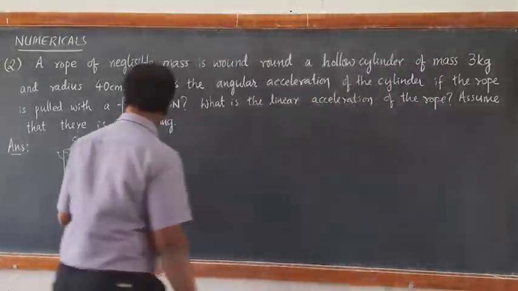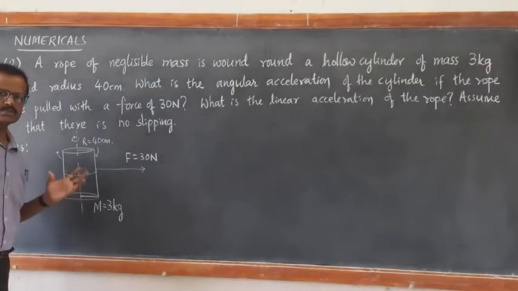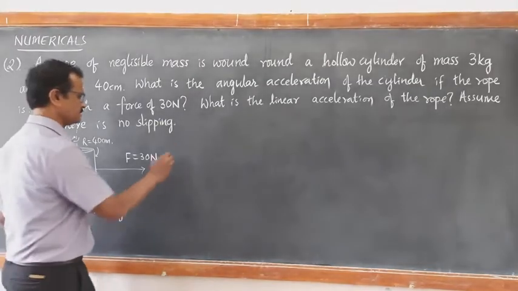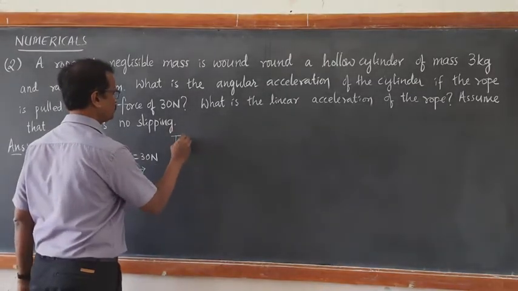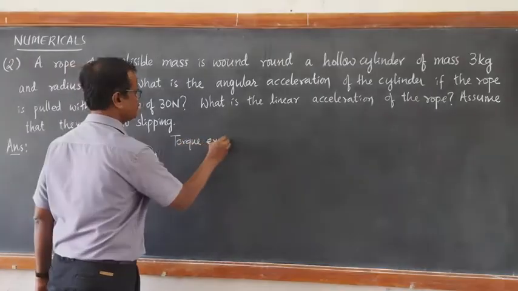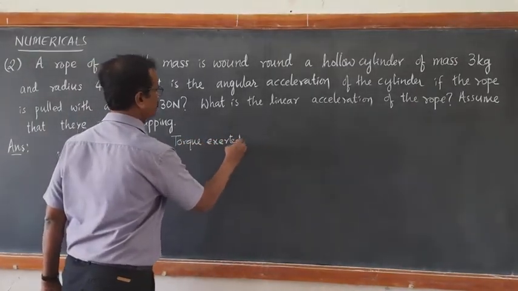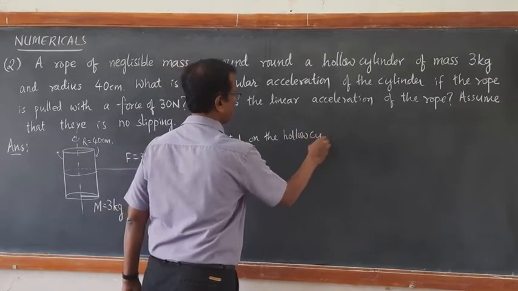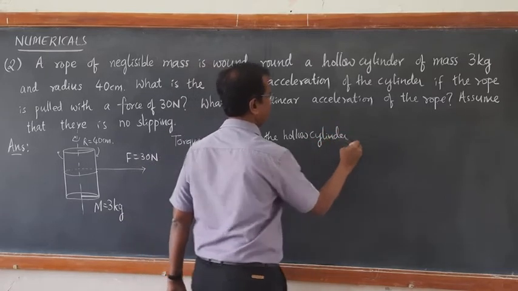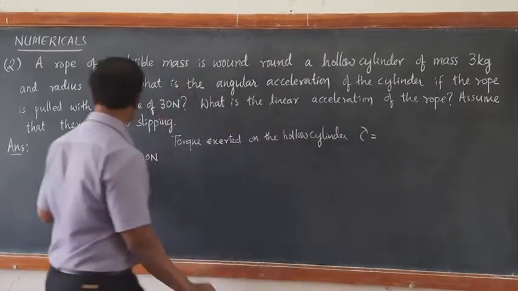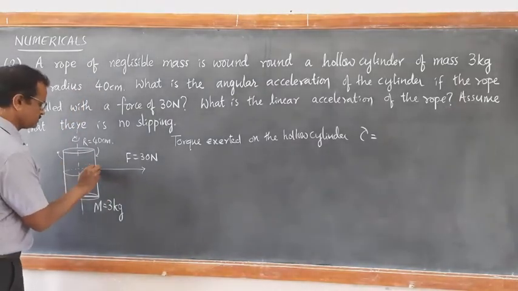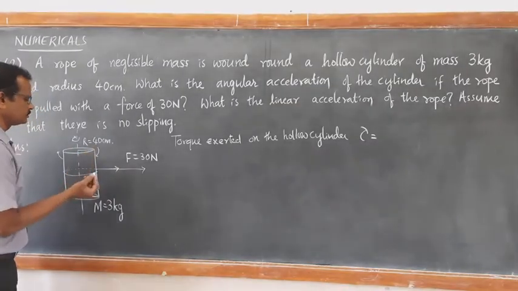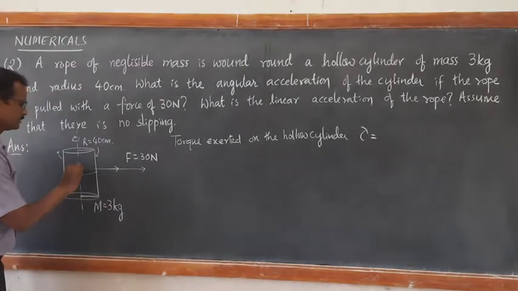In order to rotate this, the rotational motion is set by torque, so we have to calculate the torque. First part, torque exerted on the hollow cylinder. Torque tau is equal to R cross F. Since the force is tangential, you have to take this radius.